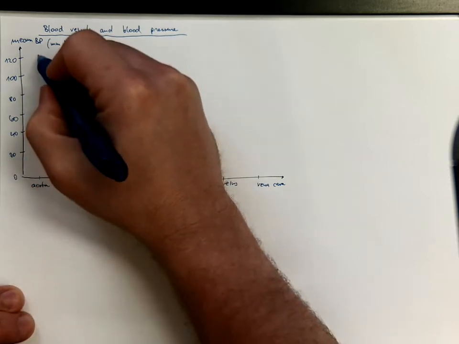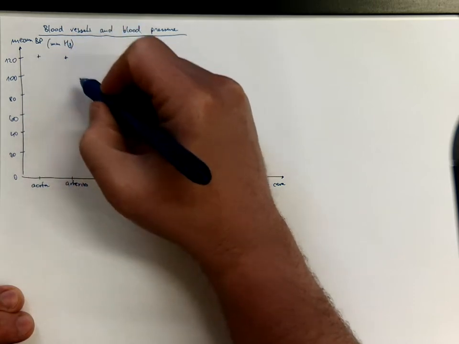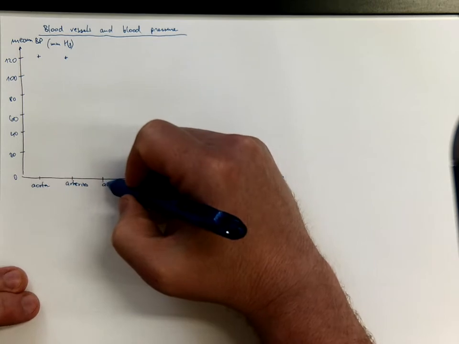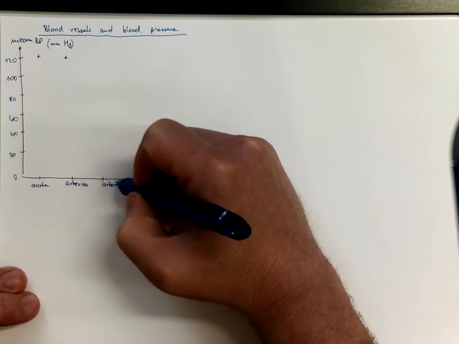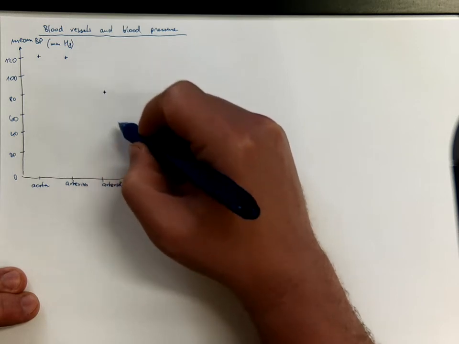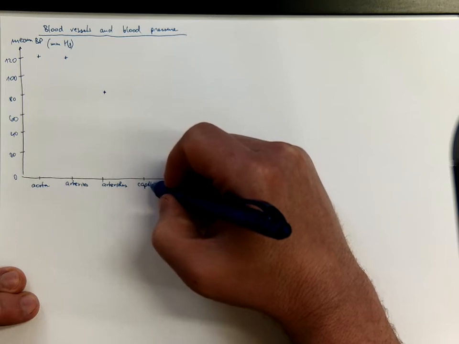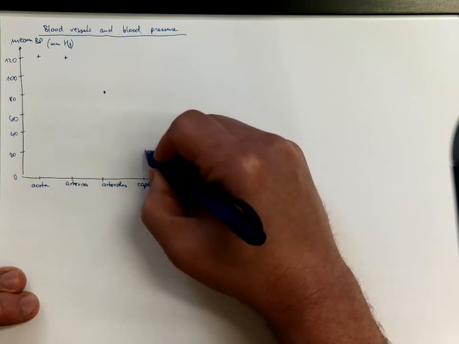In the aorta will be the highest blood pressure. Relatively high will be also in the arteries. In the arterioles, usually we already get lower blood pressure. In the capillaries, there is a drop of blood pressure.